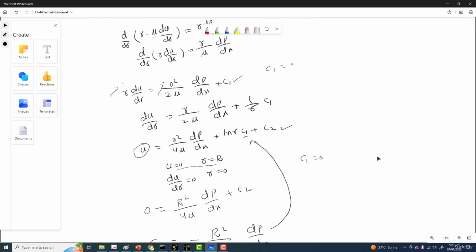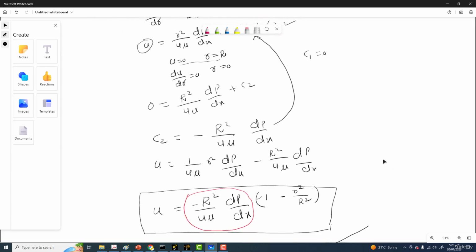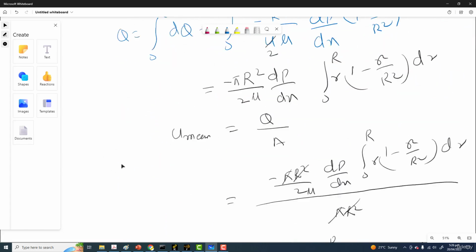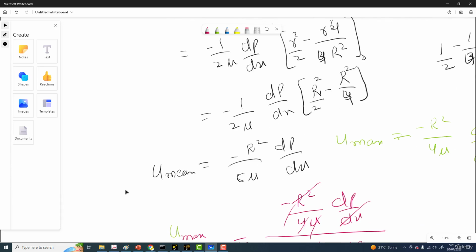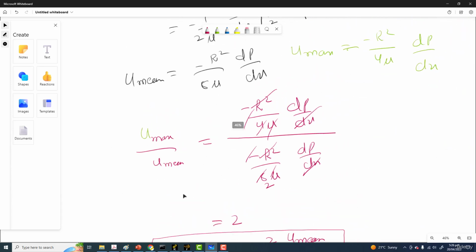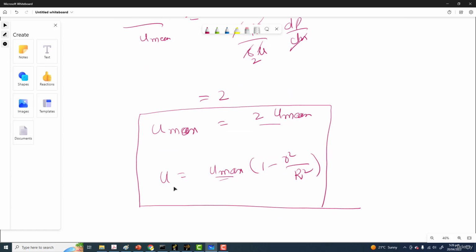So finally we integrated the equation twice, and we found out the constants of integration. So then we found out the u maximum, then we found out the value of u average or u mean, and then we got the ratio of u maximum to u mean. So from here we can find out the value of u maximum, that is the unknown value in the velocity profile. Okay, so I hope that this was in very much detail and it clears your doubts about the velocity profile in a pipe.